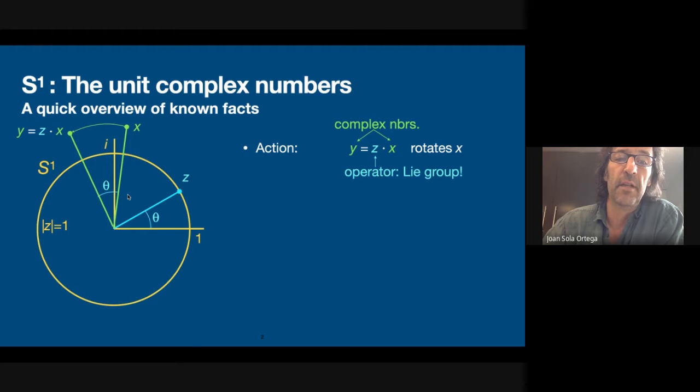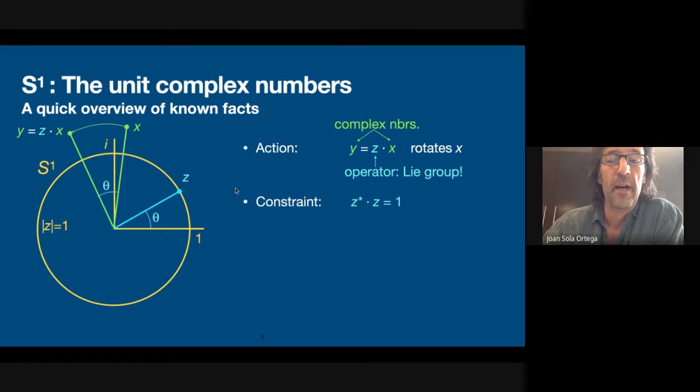This is very well known, but we will put these well-known facts into the framework of Lie theory. In Lie theory, this operation of rotating a vector through an operator z is called action. This is the action of the operator z on the vector x.